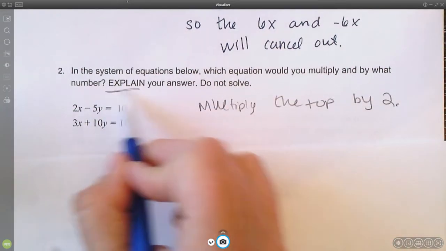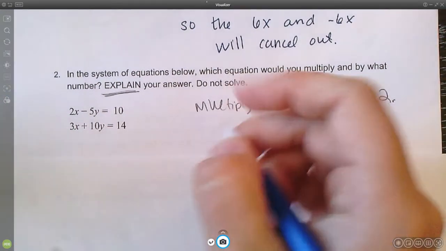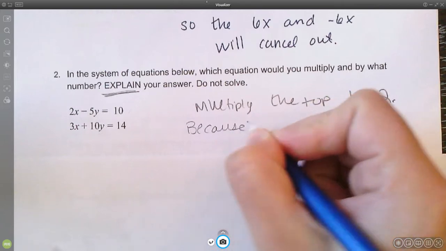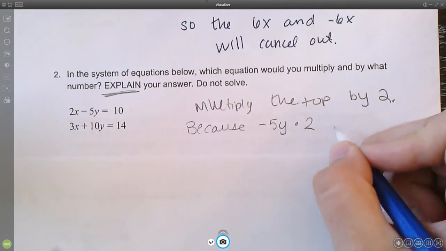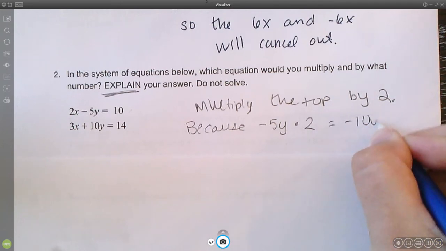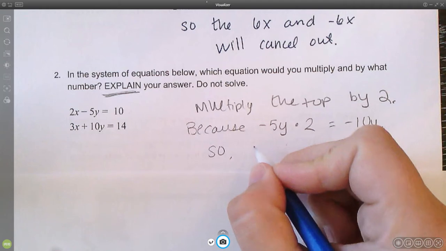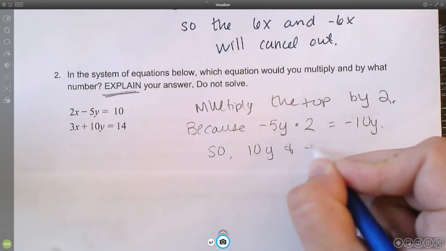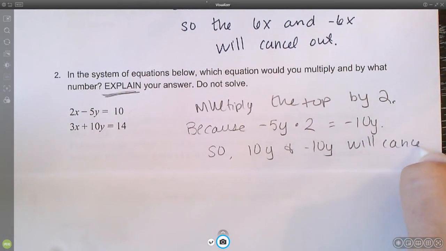Then it says explain. Make sure you explain your reasoning. We want to do that because -5y times 2 equals -10y. So the 10y and -10y will cancel out.